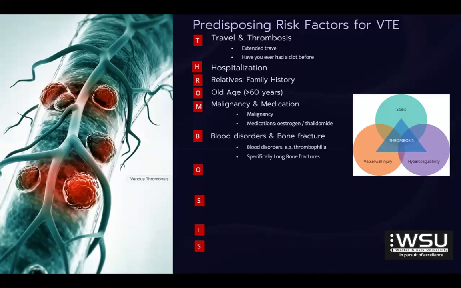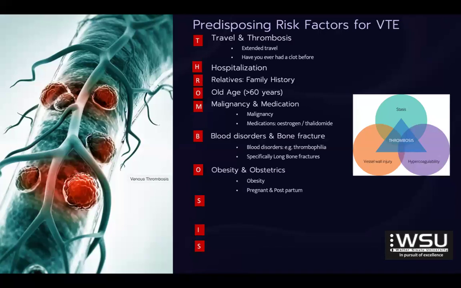The B talks about actual blood disorders, for example, having a blood disorder like a thrombophilia. But bone fractures is the other B. Especially long bone fractures, of the femur, for example, fractures of the leg, and especially because prolonged immobilization is going to increase that risk. Our O stands for obesity.